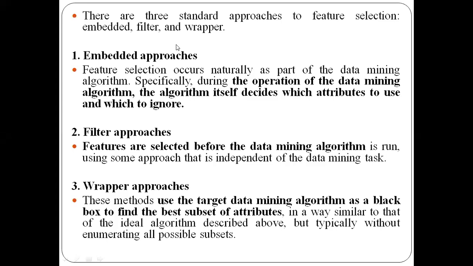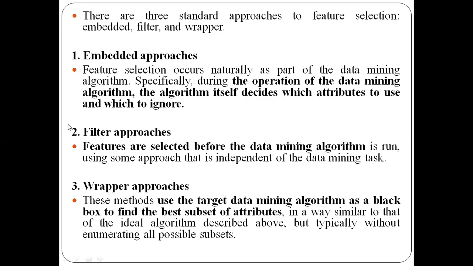So in the embedded approach, feature selection is an implicit part of the data mining algorithm. It is embedded in the algorithm itself. While performing its operation, it will choose the best subset of features, decide which is suitable, and ignore the other features or attributes which are not required. This is the embedded approach.